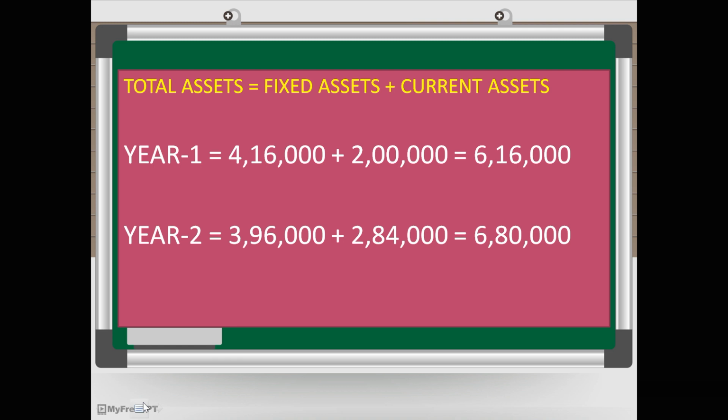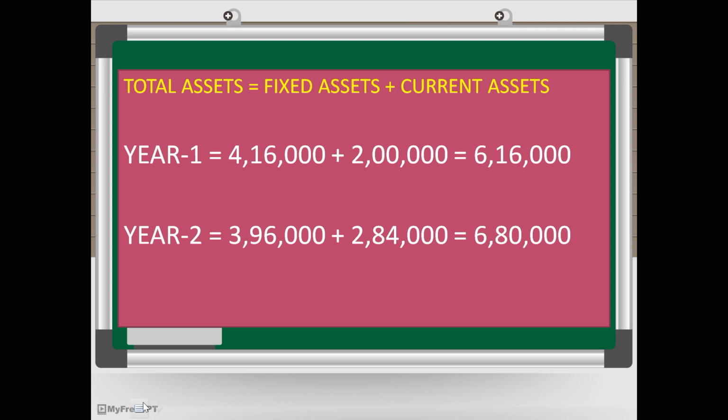Thereby, total assets are 6,16,000 for the first year and 6,80,000 for the second year, right?